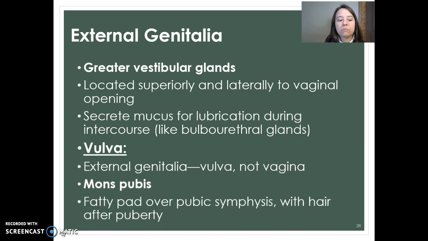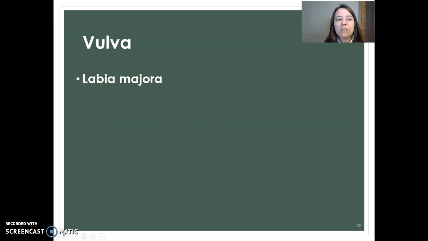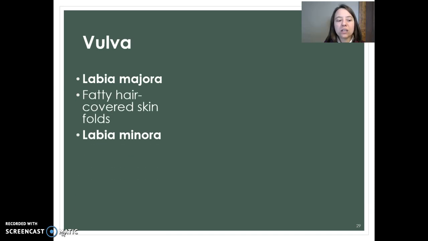So we'll talk about the mons pubis, which is the fatty pad over the pubic symphysis, and often covered with hair after puberty, I should say. Okay, so the vulva, there is the labia majora, which is the fatty hair-covered skin folds, and the labia minora, which are thinner skin folds, and they are hairless.